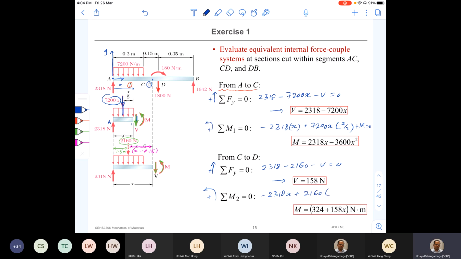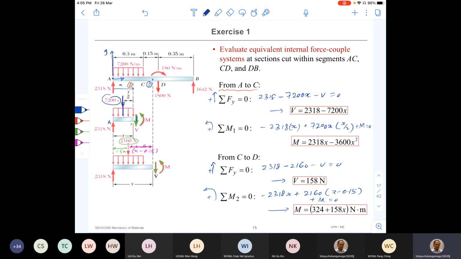And now the distance from point 1 to the line of action of that force is x minus 0.15. Okay, right. And the last one is moment M equal to 0. So once you rearrange the equation, you get a function for bending moment M. So that equation explains the bending moment variation from C to D.